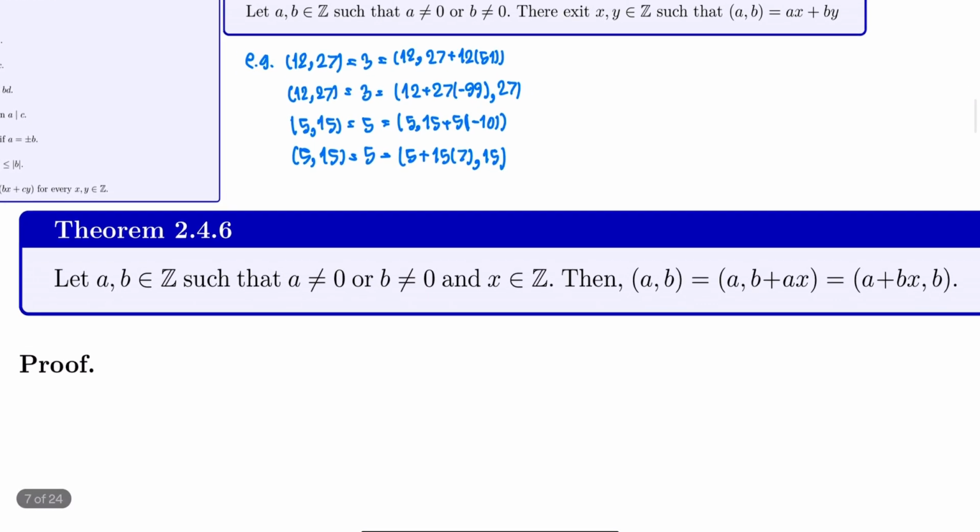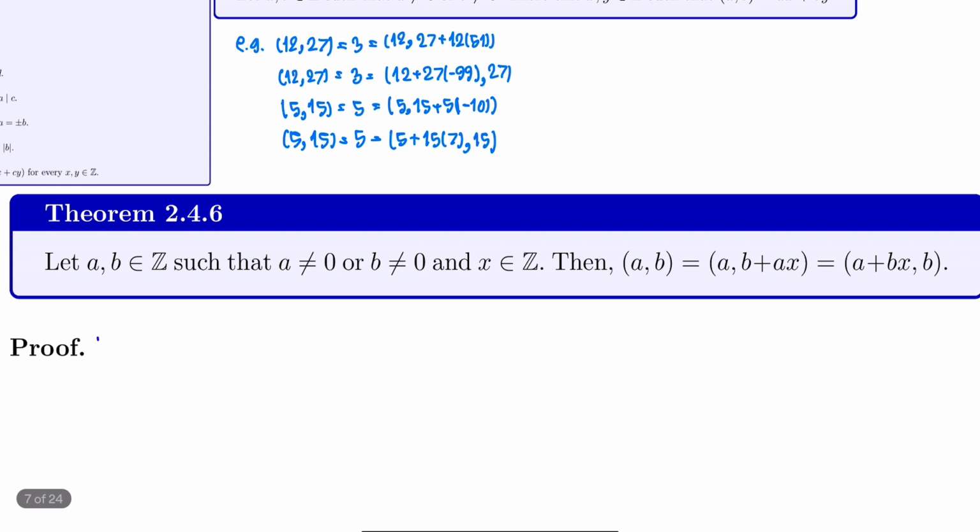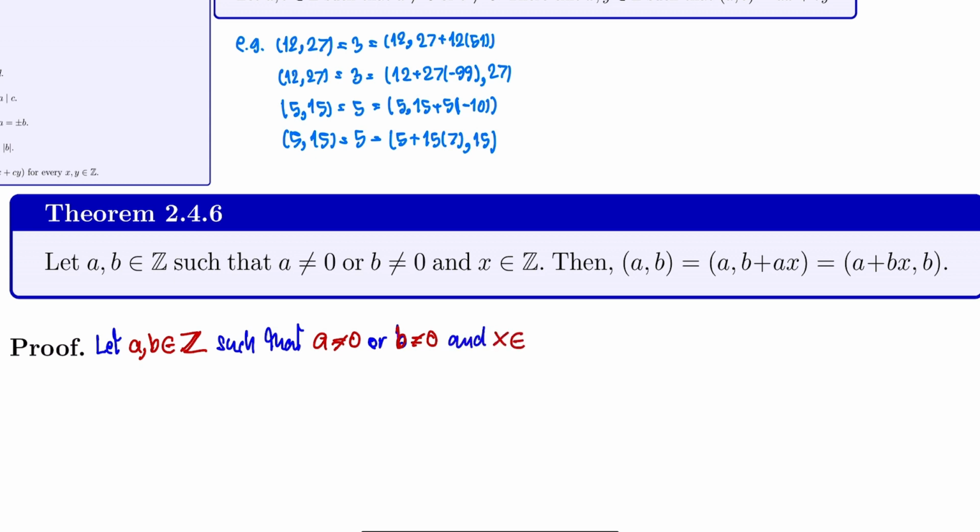Now let's get started. So we let a and b be integers such that a is not 0 or b is not 0, and x is any integer.